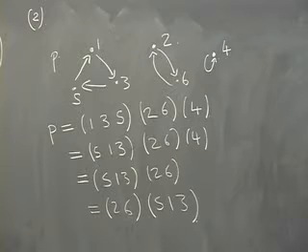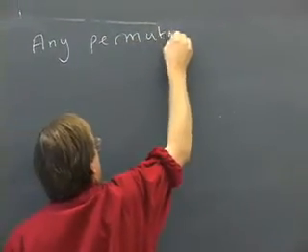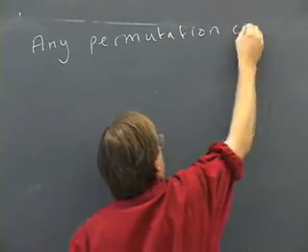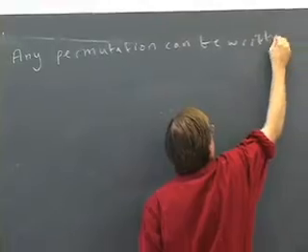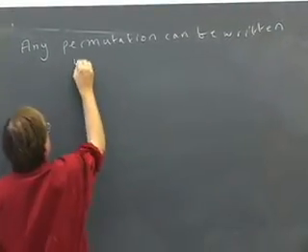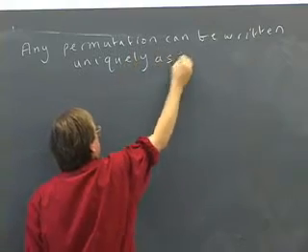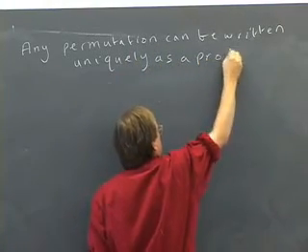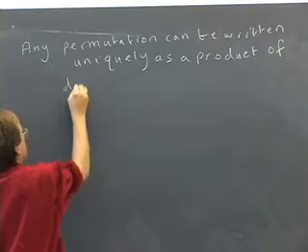So the basic fact is that any permutation can be written uniquely as a product of disjoint cycles.